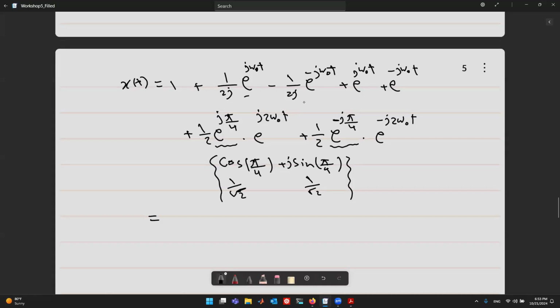Here we have exponential j omega naught t, and this one is the same term. So if we combine them, we'll have 1 divided by 2j plus 1, times exponential j omega naught t.